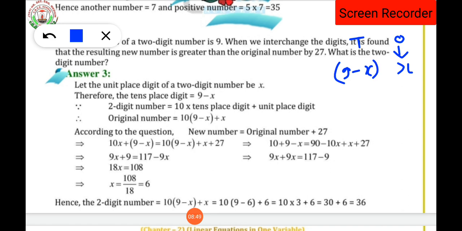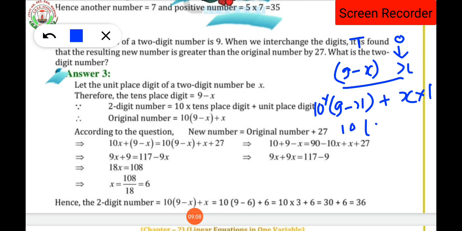Now how to expand this number? इसको expand कैसे करेंगे? So 10 into 9 minus x, expand ऐसे ही करते हैं ना, plus x into 1. So x into 1 will become simply x. So 10 into 9 minus x plus x. Have you understood up to here?